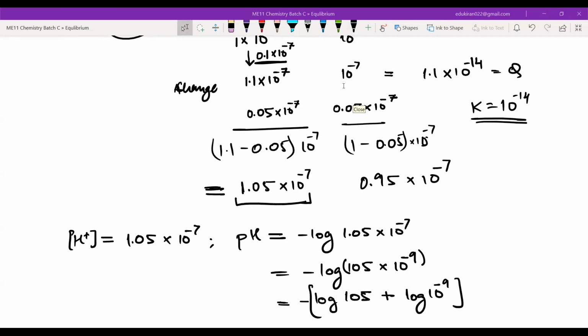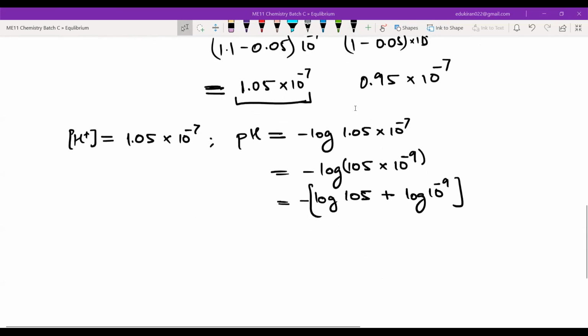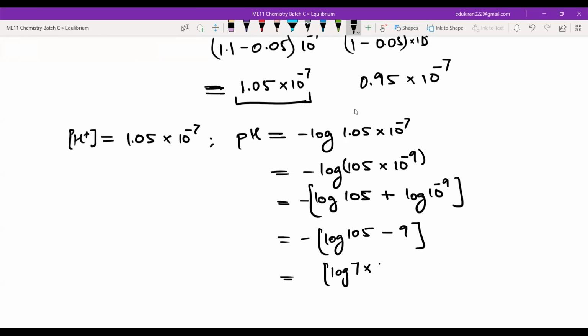Sarah, 6.3. I think it will be a bit higher. Not 6.3, I guess. Let us see. 7 into 15, that means 7 into 5 into 3 minus 9.